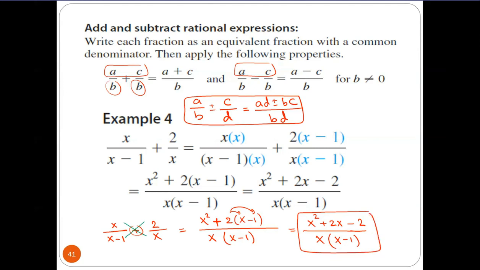This is the final result directly. So we can apply this one directly. No need to change it, the denominators are the same. At the same value, at the same expression.